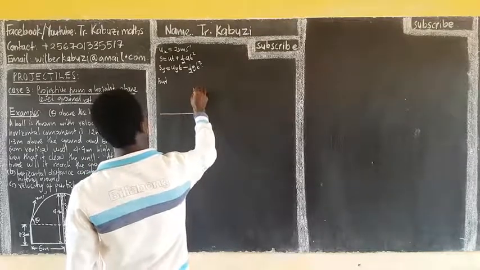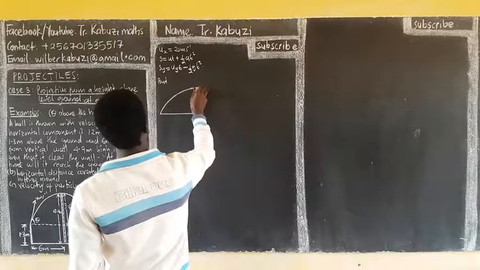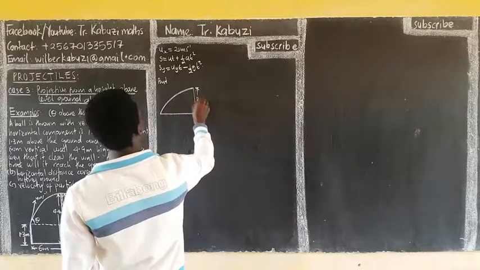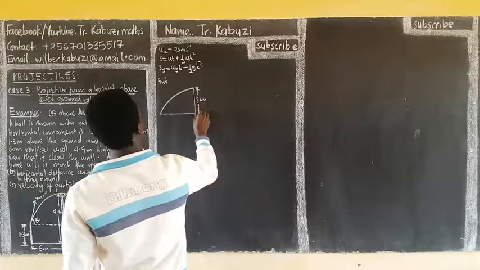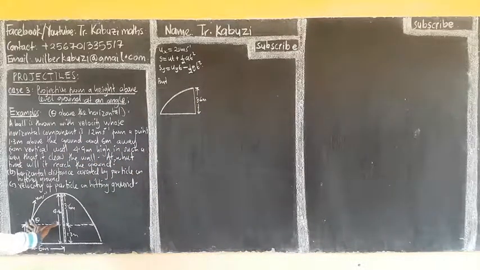like this, from here up to here is 3.6 meters, and then it's going to remain the same from here up to there.